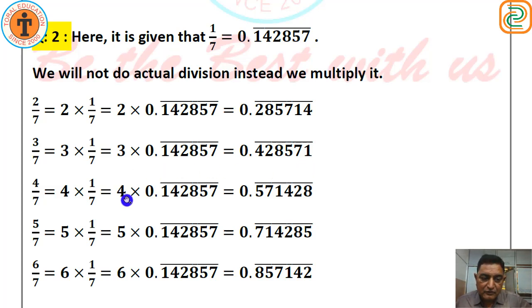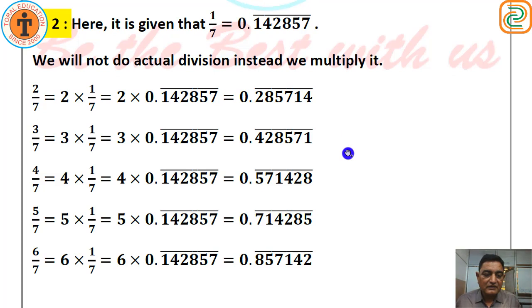When we multiply with 4, then 5 7 come up, then 1428 goes back. Understood? The digits are the same in all these numbers. So we have multiplied with 2, 3, 4, 5, 6 and we got the answers like this.